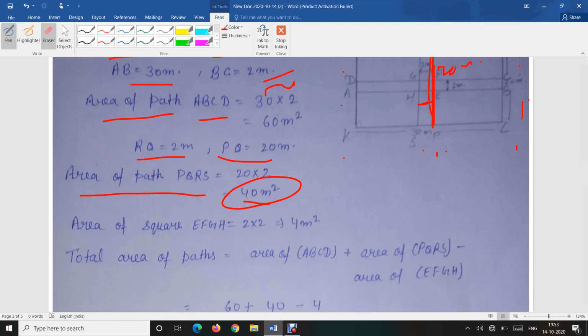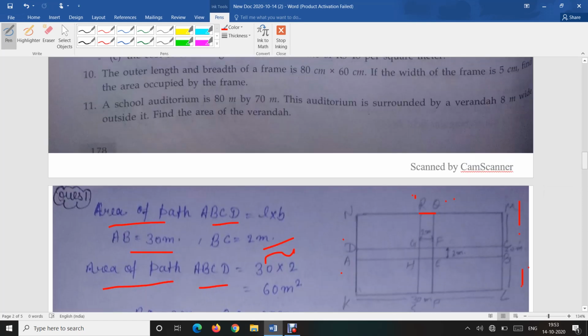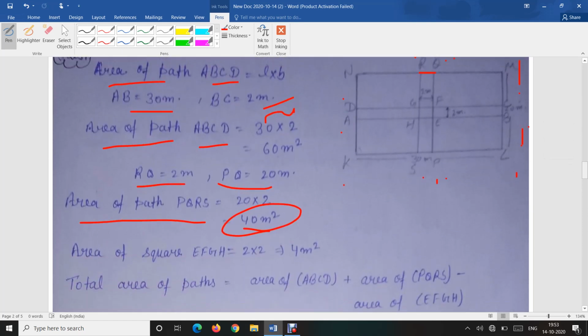Now there is one thing which you have to focus on in this figure. Just see, when you cover this portion, then the area of this square is covered, and when you find the area of this road, then while finding the area of this road, this portion is again covered.